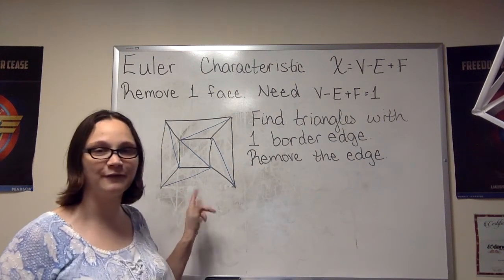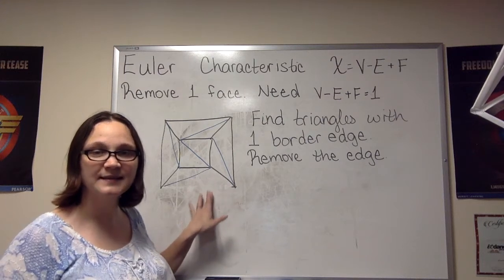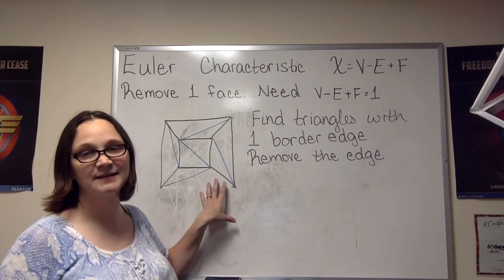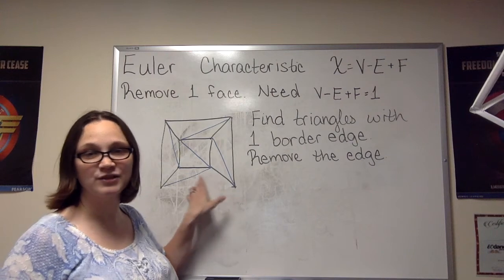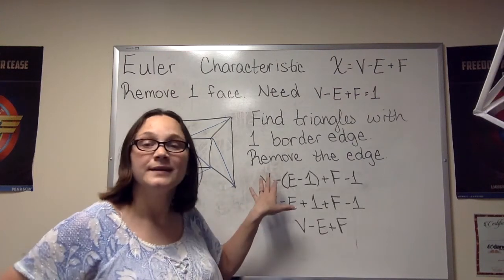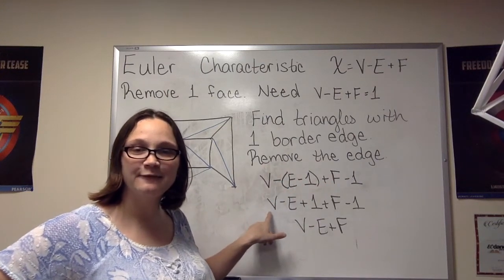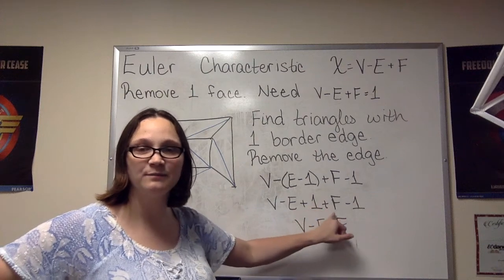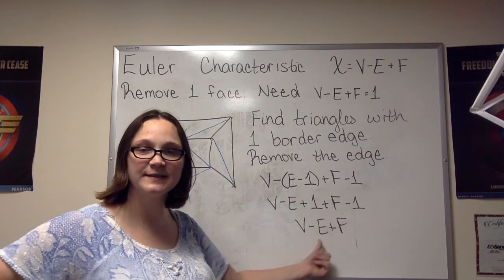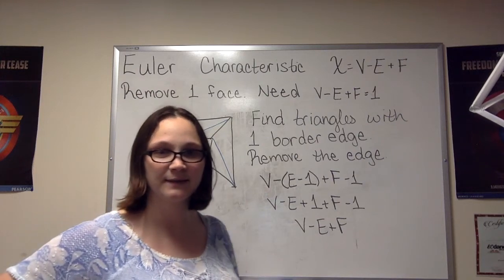I didn't remove any vertices. I did remove an edge, but in the process, I've also removed a face, since there was a face with this triangle that's no longer there. So I removed an edge and a face. Distributing makes this v minus e plus 1 plus f minus 1, which is vertices minus edges plus faces. I didn't change the Euler characteristic.